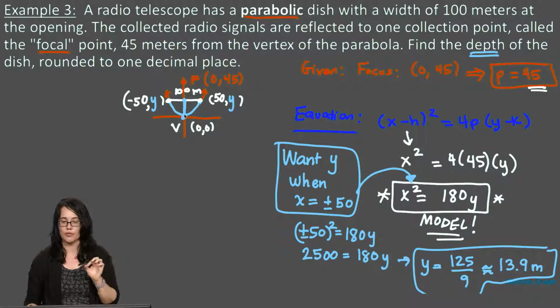But the actual opening itself is just going to be about 14 meters from the vertex. So that actually does make sense in our model. If our number was drastically bigger than 45, I would be a little concerned that our opening didn't quite make sense, because you should be focusing outside of your dish.